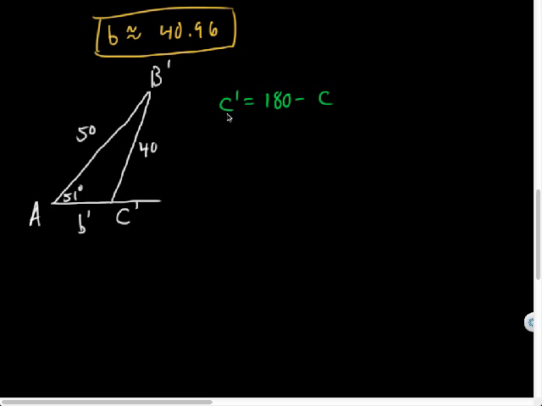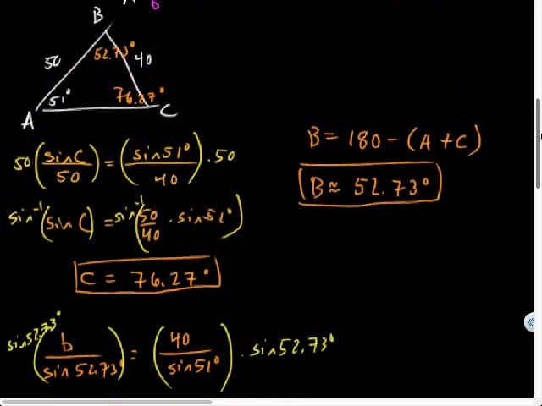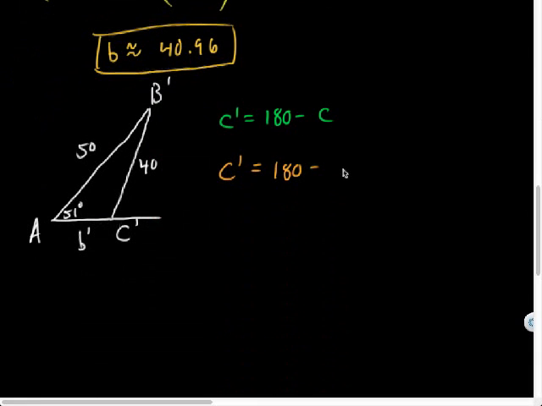So it's not always necessarily going to be C. If I labeled that as B originally, that would be different. But let's see, so what is C prime going to be? C prime is going to be 180 minus what was angle C? We found it was 76.27. So C prime is going to be what, 103 point something?